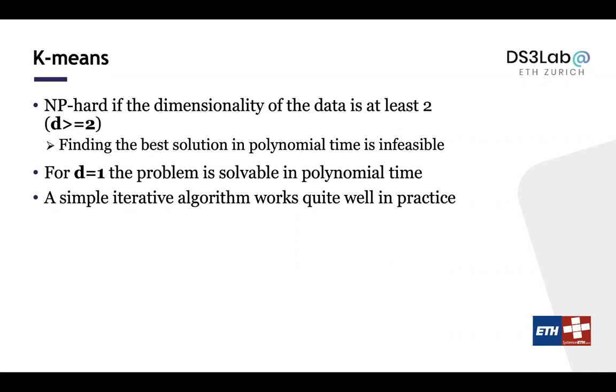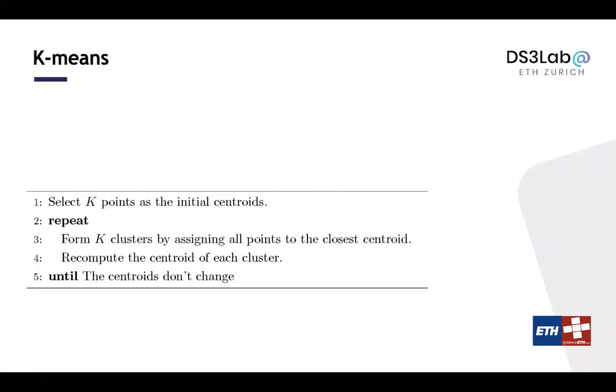But there exists a very simple iterative algorithm that works quite well in practice. At the very beginning, I pick K points in the space as my initial centroids for my K clusters.